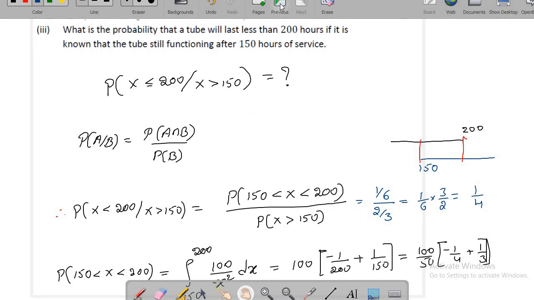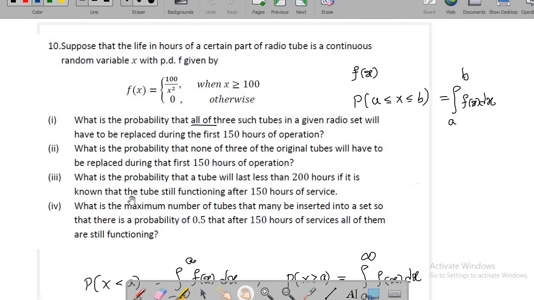Let us look at the last part. So what is the maximum number of tubes that may be inserted into a set, so that there is a probability of 0.5 that after 150 hours of service all of them are still functioning? It seems interesting.